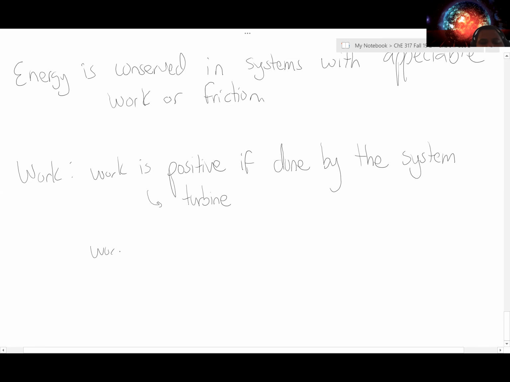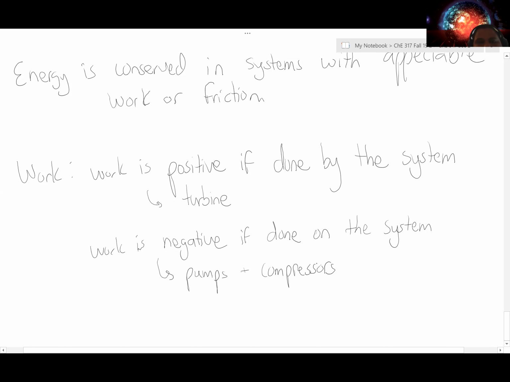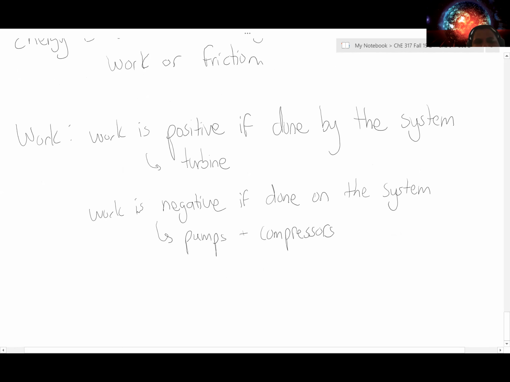And work is going to be negative if done on the system. And in most cases, we'll be considering pumps and compressors. So definitely an important thing to note here.